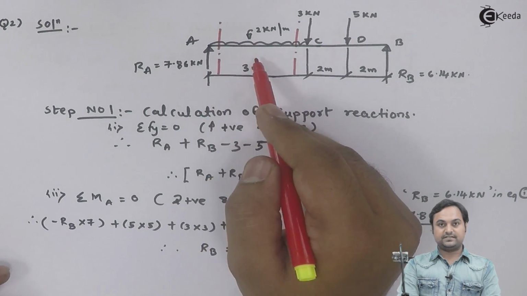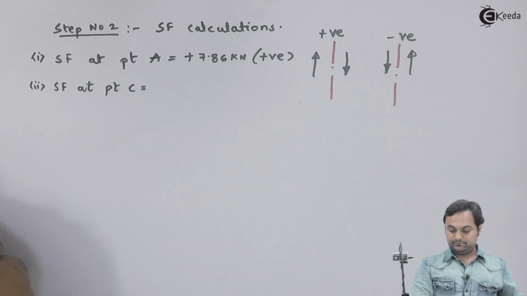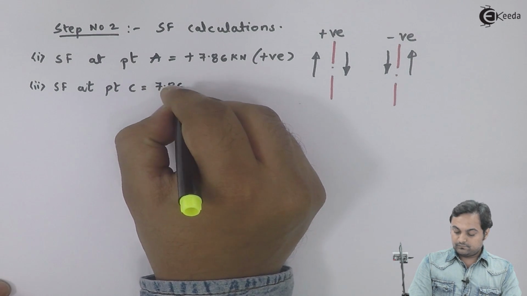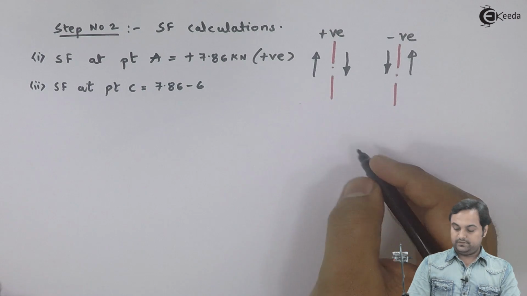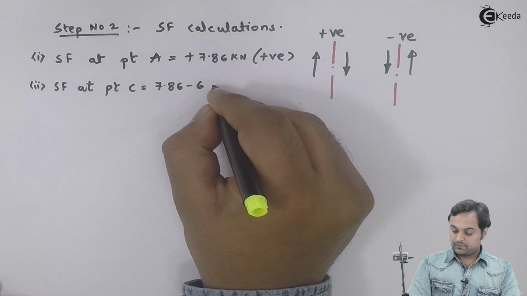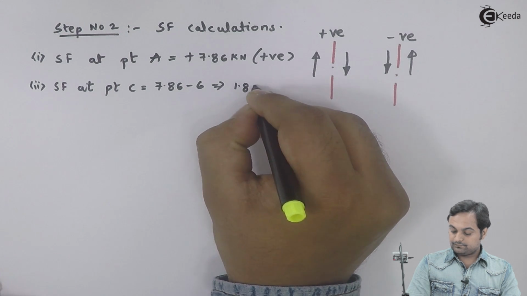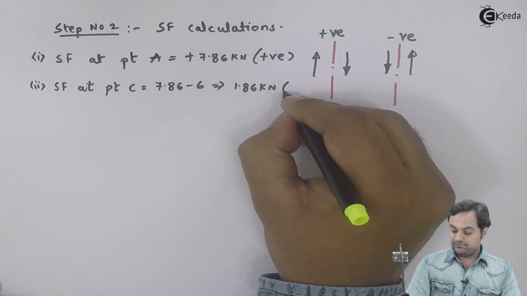So RA minus 6, that is 7.86 minus 6, that gives me 1.86 kilonewton positive.